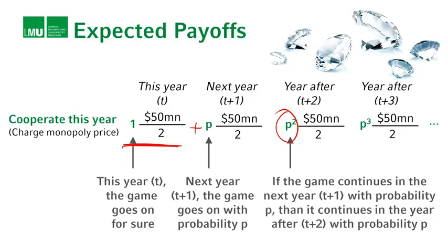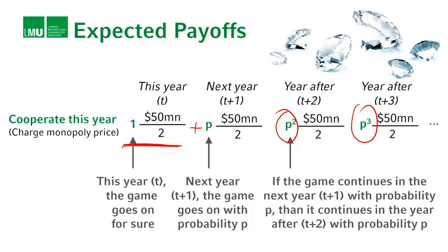So every time we want to look if this goes on for 1 more period, we have to multiply it by the likelihood that the market is going to survive until that period. So it's going to be p in year 1, p squared in t plus 2, p cubed in t plus 3. The likelihood that there's still going to be a market in t plus 100 is p to the power of 100, right? So it's pretty much like that.